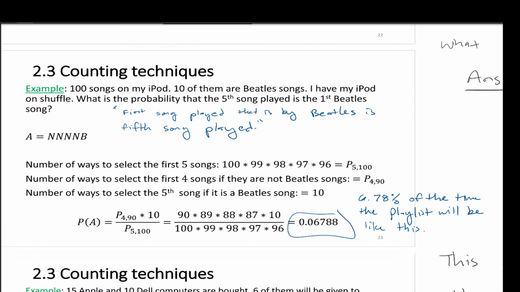So I want to take a second, make sure this is clear. I know it's a little confusing at first, but we can talk it through and make sure everybody's on board.